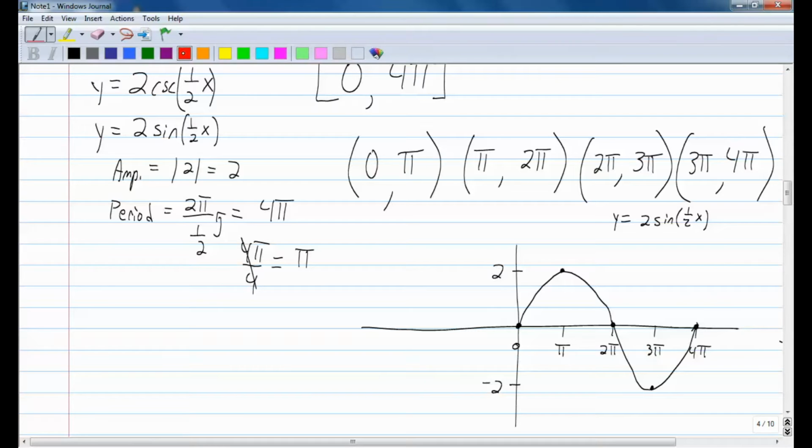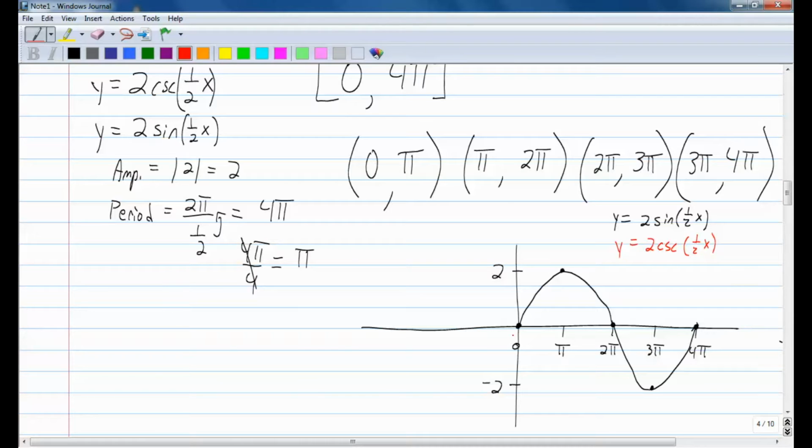We want to graph y equals 2 cosecant of 1/2 x. The way that we do that, everywhere that the sine curve crosses the x-axis, we have a vertical asymptote.